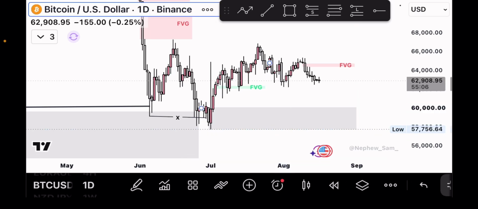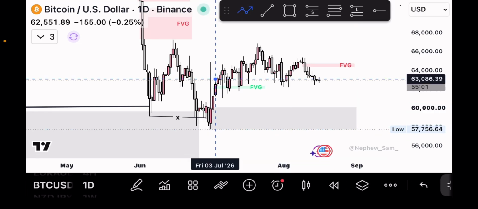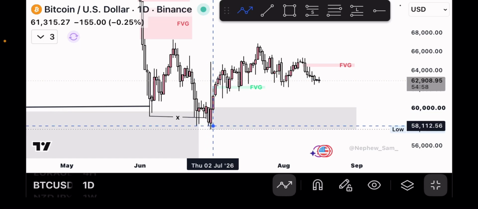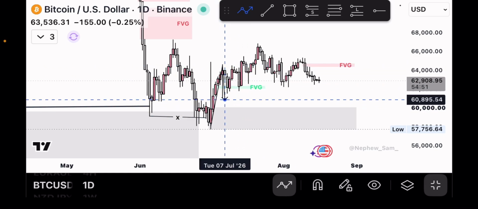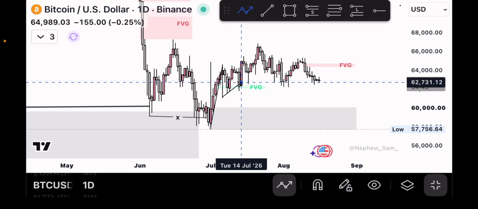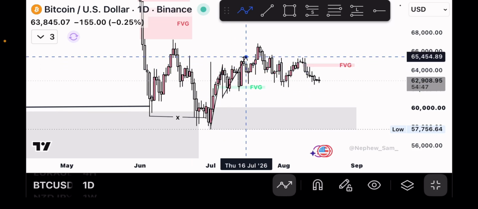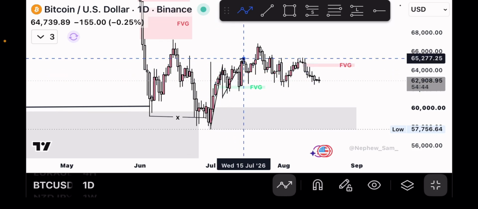So the next thing you want to do is to identify the liquidity, what will attract price to come to your zone. So you have this sweep, impulse move, then pullback. After this pullback, price breaks structure to the upside. It's a valid break of structure because it's a full body close.